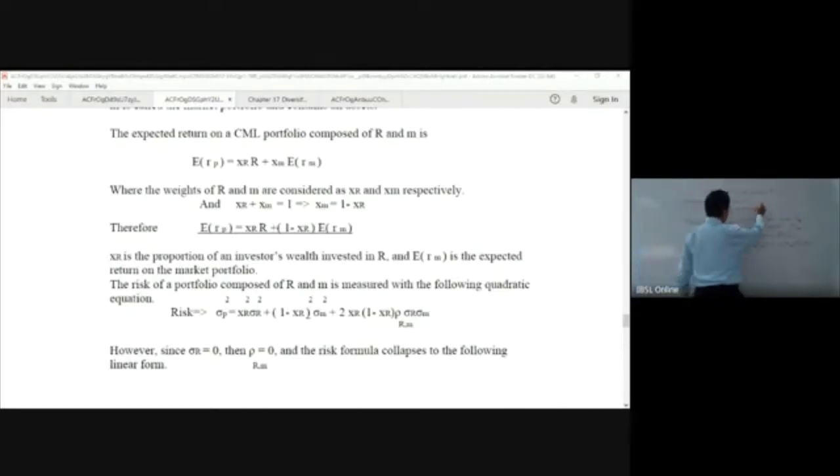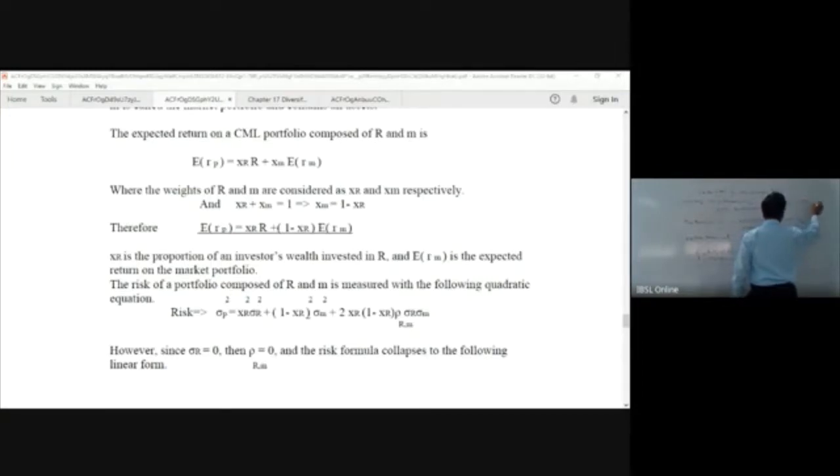Then you can say covariance, rho RM, with the correlation of R and M. The weights we already know.